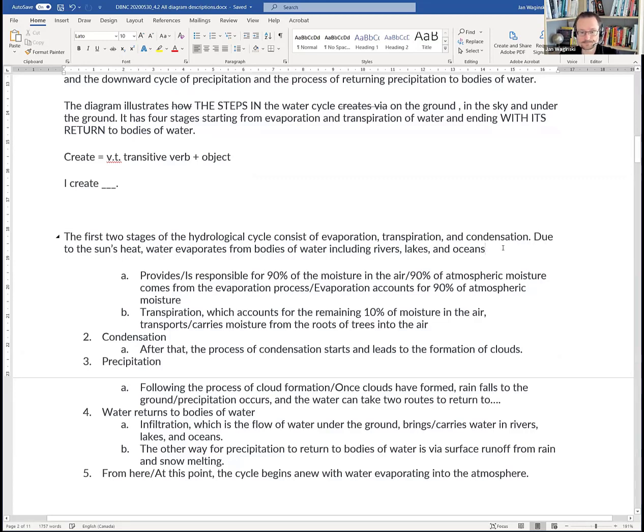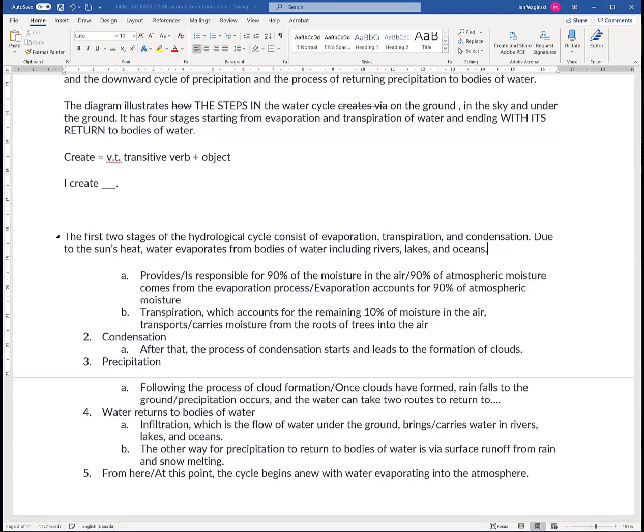Do you see it now? Yes, water evaporates from bodies of water, including rivers, lakes, oceans. And this amount is responsible for 90% of the moisture in the air.